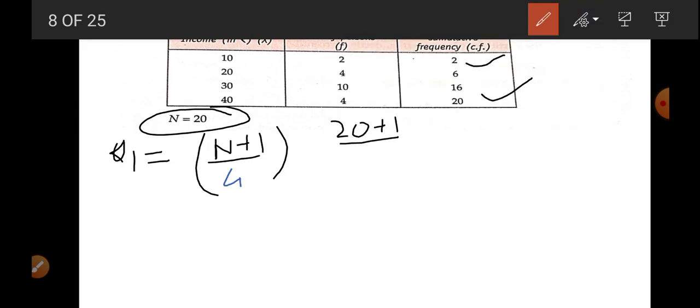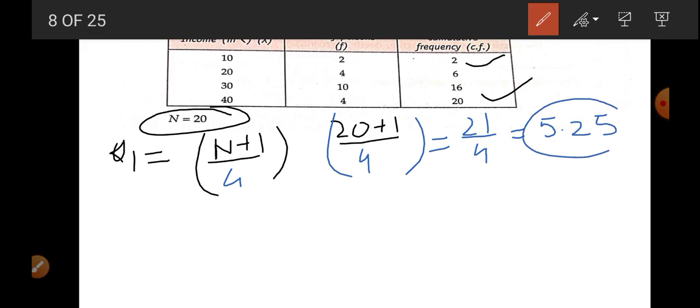So 20 plus 1, that is 21 upon 4. When we divide 21 by 4, we get 5.25.